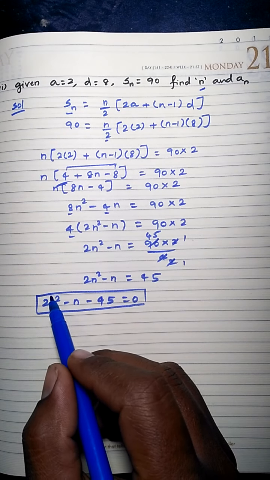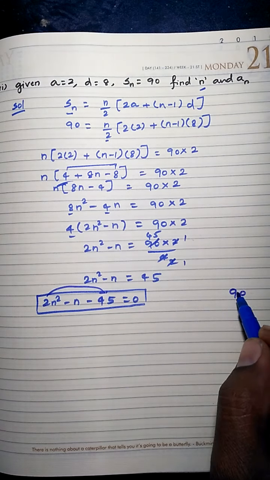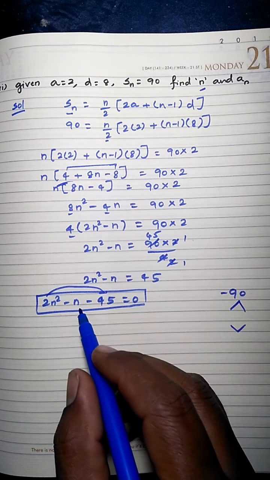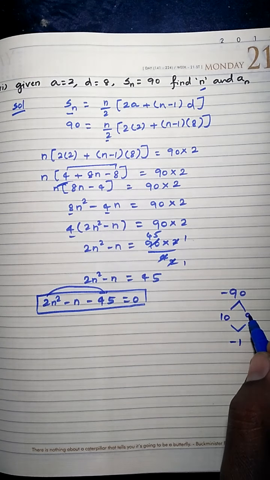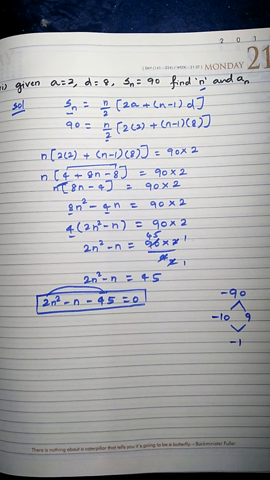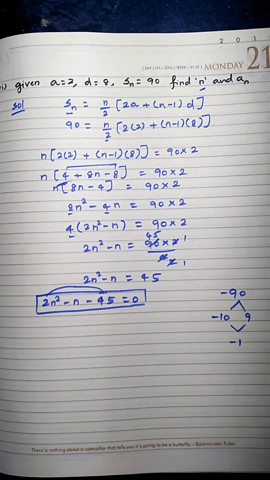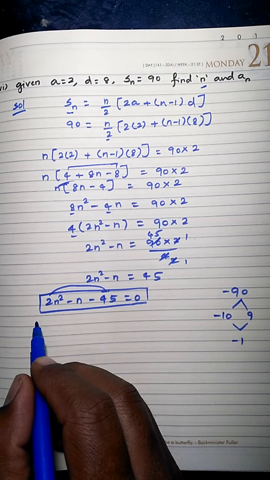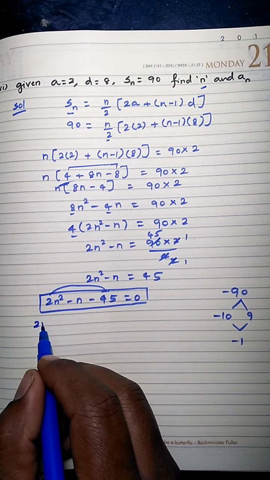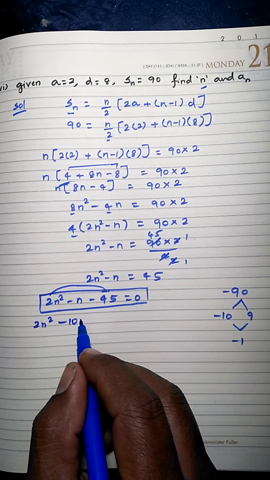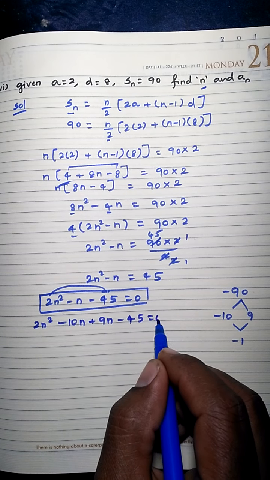If you are using splitting the middle term, just multiply this. 2 into 45, you'll get 90, and coefficient of n value here minus 1. 10 nines are 90, so put minus here so that you will get minus 10 plus 9, you will get minus 1. Okay, so let's split this minus 1 like this: 2n square minus 10n plus 9n minus 45 equal to 0.